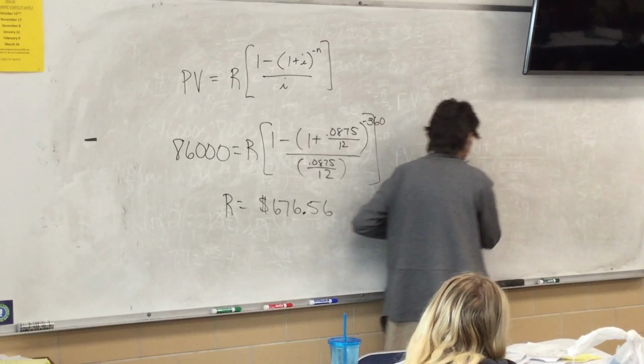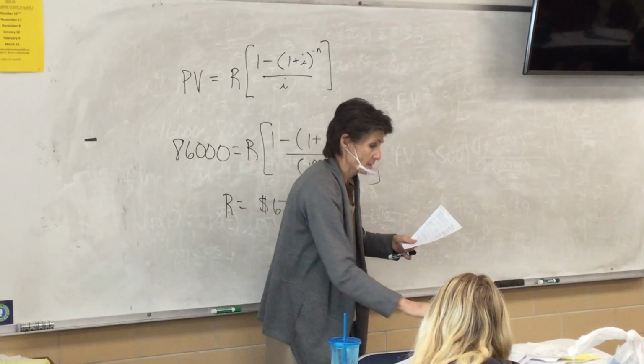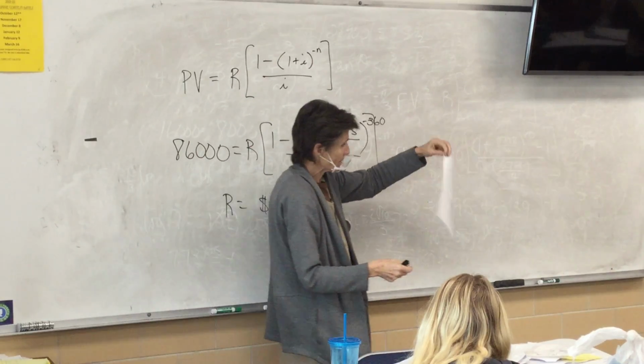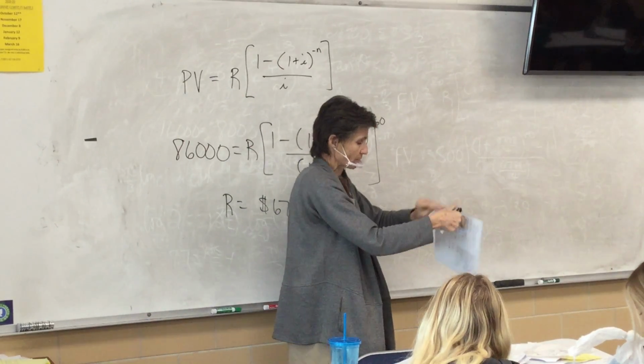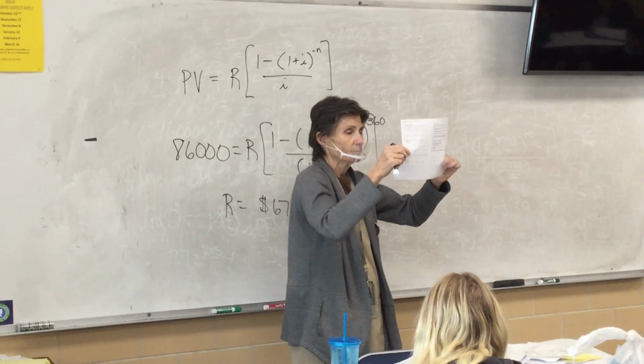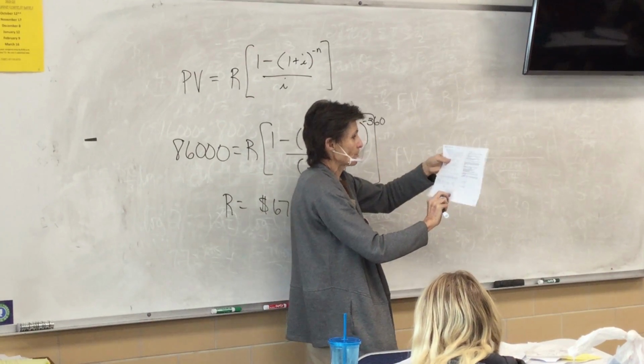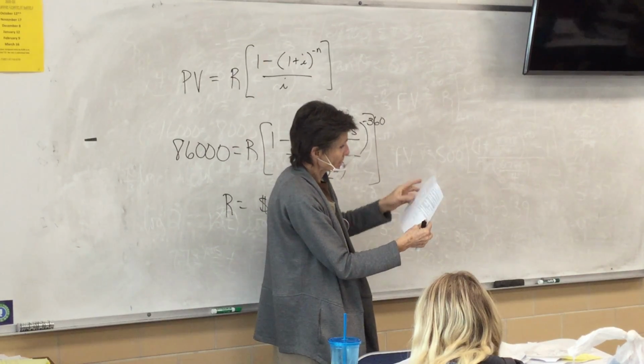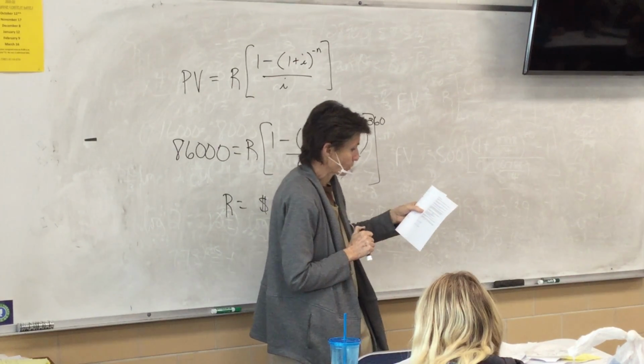Okay, so what I'd like to do now, when I stapled it together, I guess we call this the front page. It says chapter 3 review sheet. I'd like you to look at part 8, which is all these word problems.